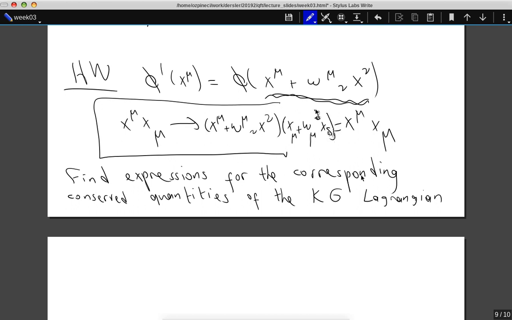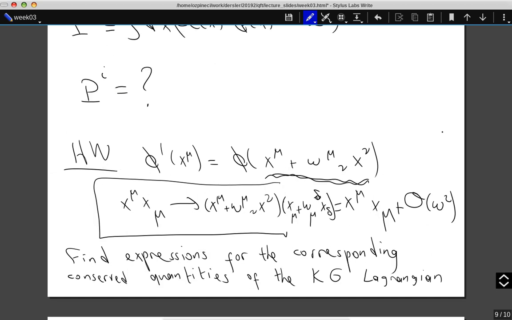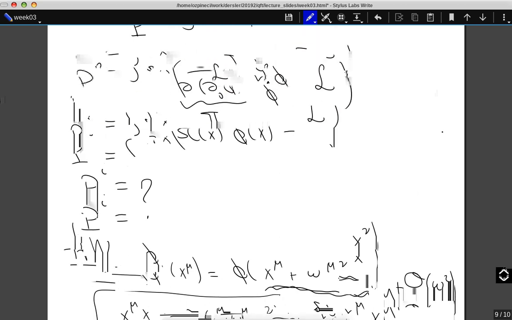This should be equal to x mu. Of course, there will be corrections of the order of omega squared, which we ignore. This is the infinitesimal form of this symmetry. Okay, so we have the momentum.